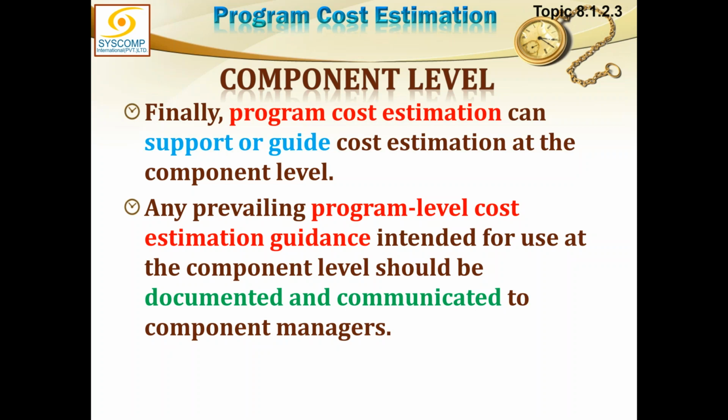Any prevailing program level cost estimation guidance intended for use at the component level should be documented and communicated to the component manager. This should be a formal process of communicating the estimation guidelines to the component manager.